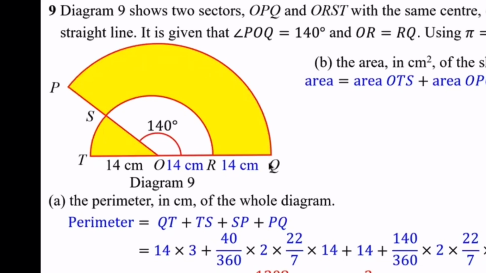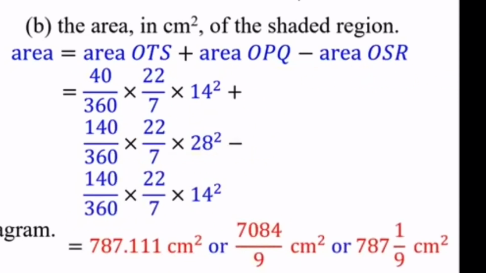So the area for OPQ can be found using the formula, and we need to minus out the area for the white sector inside there. Now we have to find the area for OTS first.